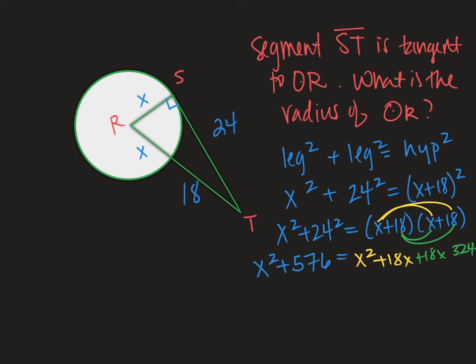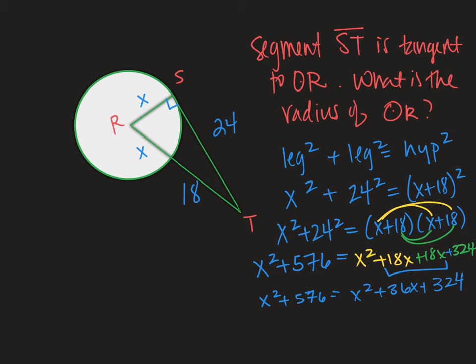Now we've got some like terms that we can combine right here in the center. So we get x squared plus 576 is equal to x squared plus 36x plus 324. We're going to solve this equation by canceling out our x squareds. Look at that.